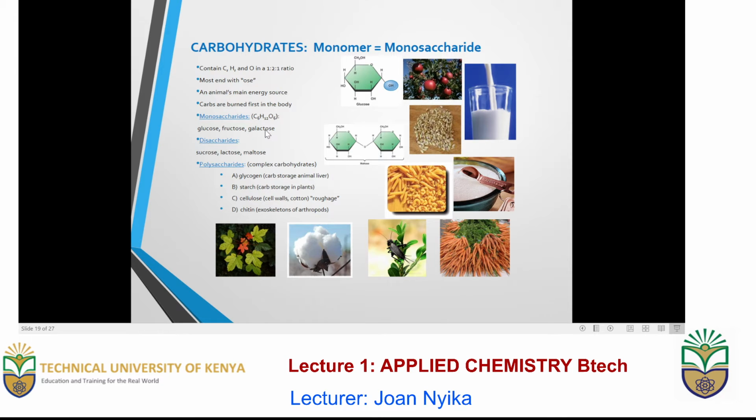They could be 2 glucose molecules, 2 fructose molecules, 2 galactose molecules, or a combination of any of those to form examples of disaccharides, which include lactose, maltose, and sucrose. Then these disaccharides and monosaccharides combine to form complex chains of carbohydrates that are polysaccharides or polymers.